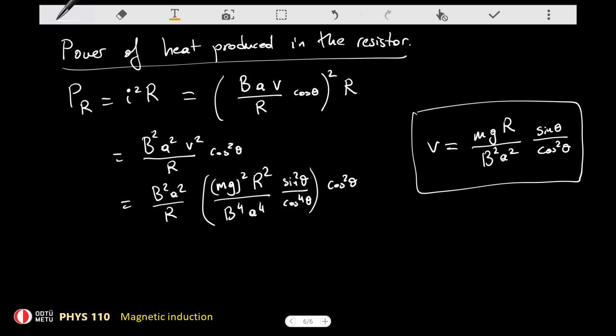It appears to be correct. So this is equal to mg squared R divided by B squared A squared, and I have tangent theta squared.